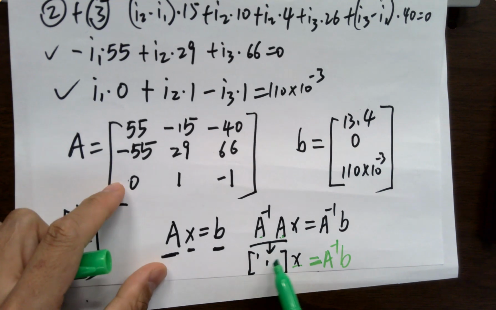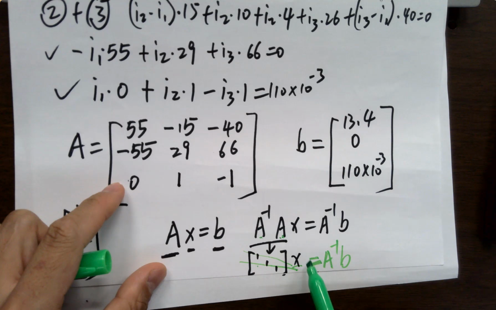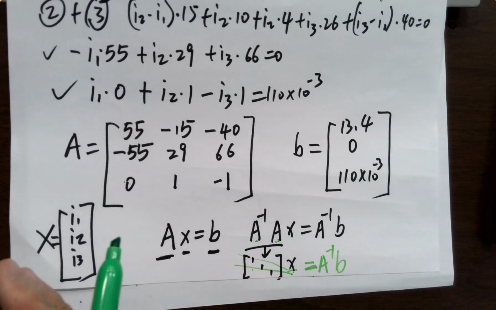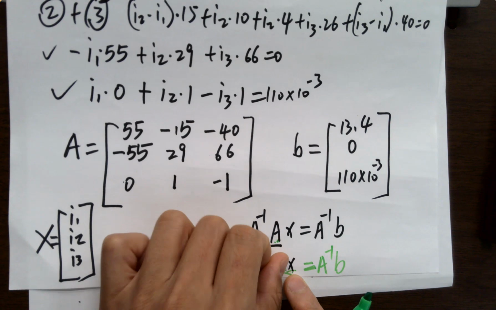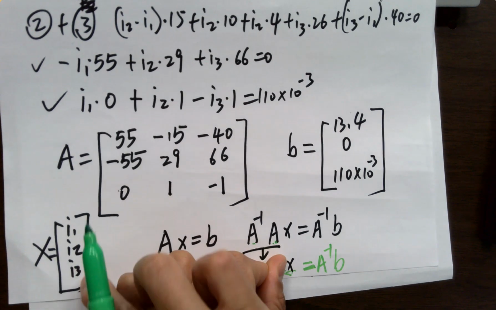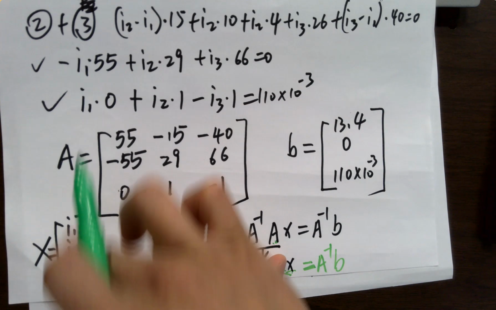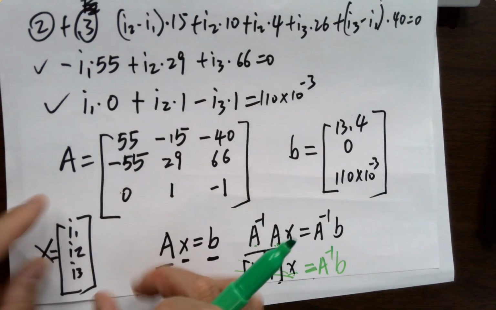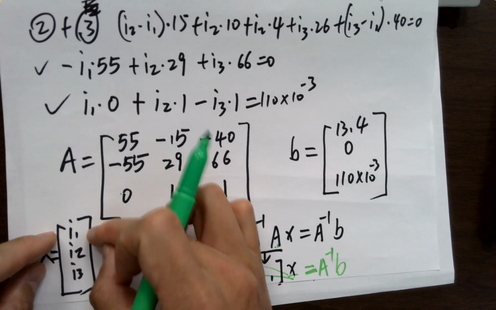Because this times X is still X, we can cancel the A on the left and only have X left. So X is this guy, all the currents listed in the column matrix. Eventually you calculate this, you can find the column matrix, align it with all the i's, so you can directly get all the i's.